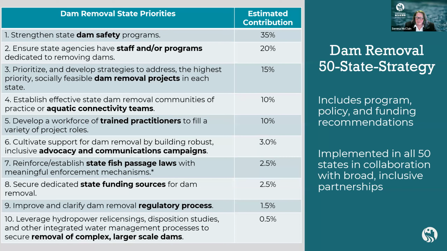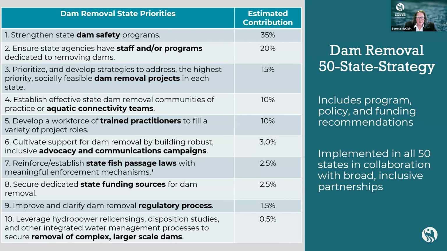One of my favorite examples of this is Vermont. The Vermont Dams Task Force started in roughly 2008, and they did a lot of program building workshops and trainings with American Rivers and others.